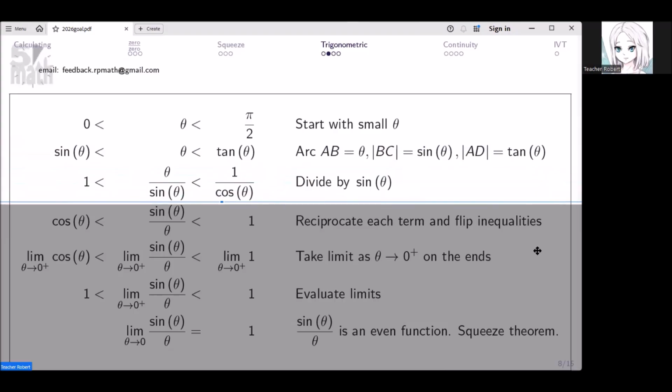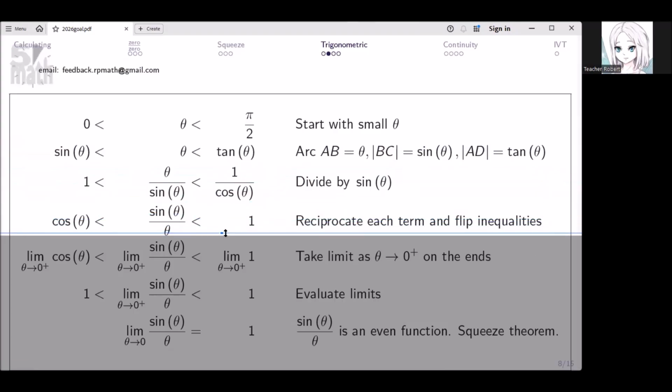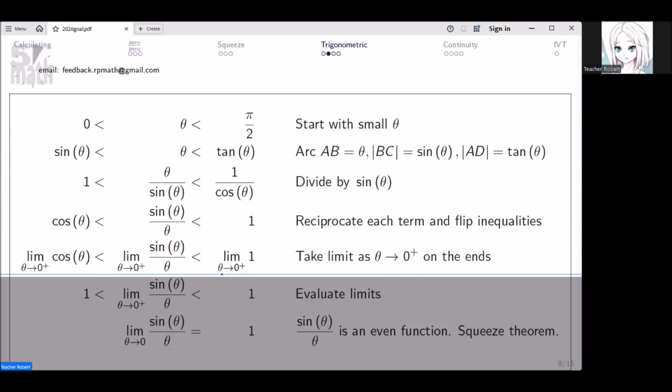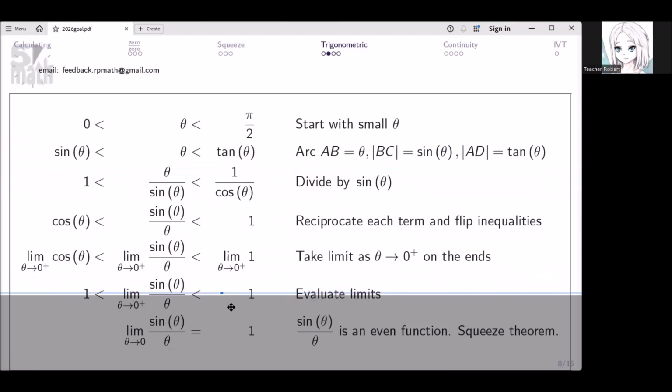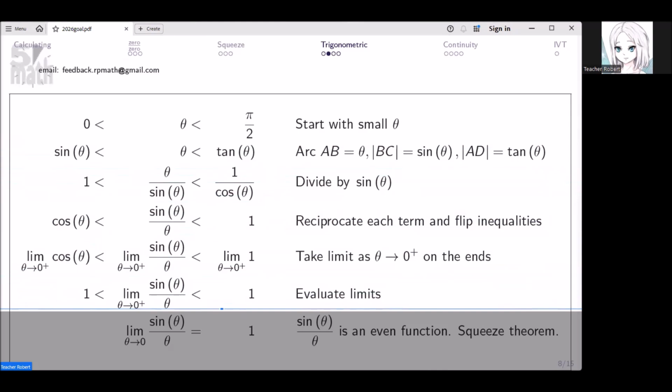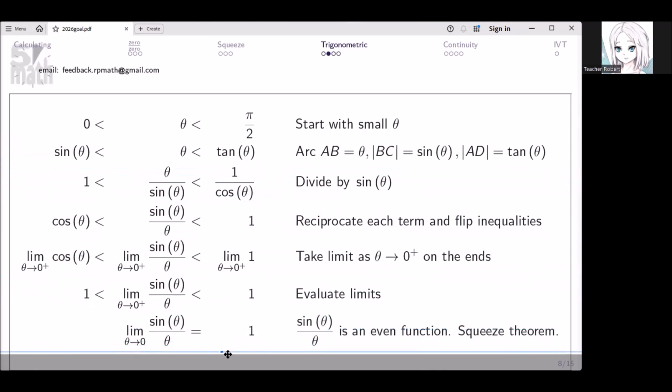Divide by sine theta. Reciprocate each term and flip inequalities. Take limit as theta approaches 0 positive on the ends. Evaluate limits. Sine theta over theta is an even function, and squeeze theorem.